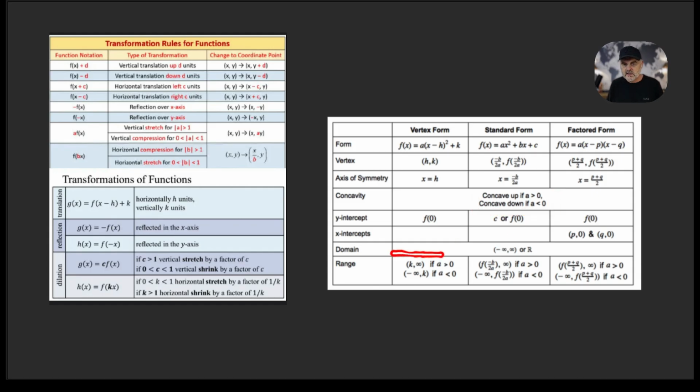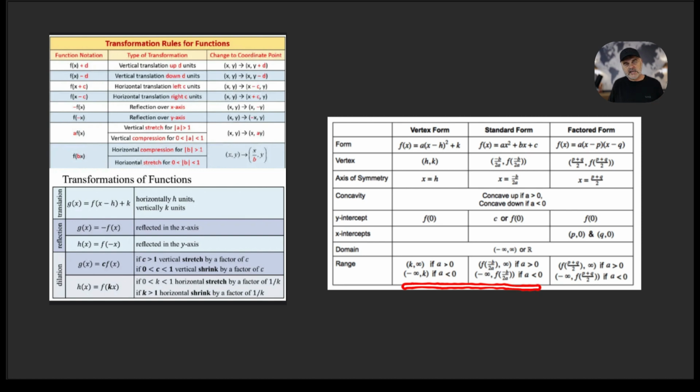Domain is the independent x variable that you can use to identify the input value, and that has no restrictions. Any number, big, small, negative, positive, square root, you name it, would work. But the range is represented by the location of the vertex and direction of the opening.